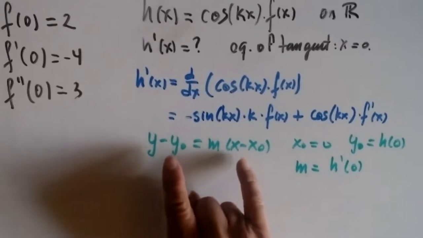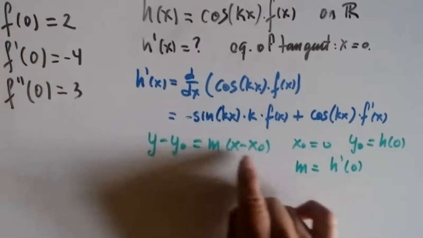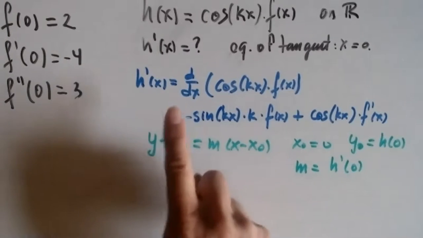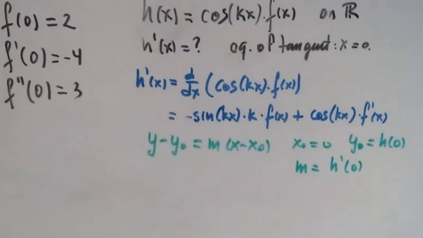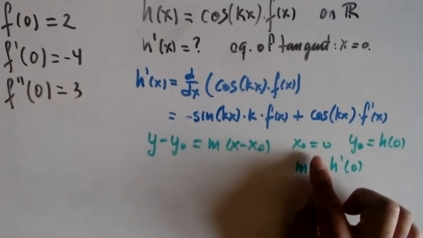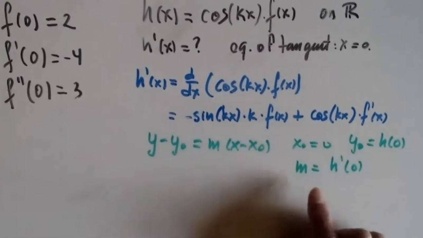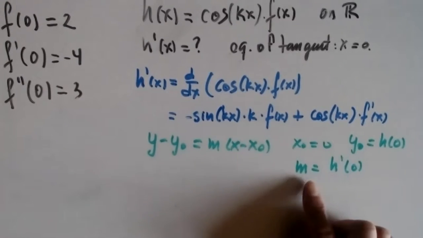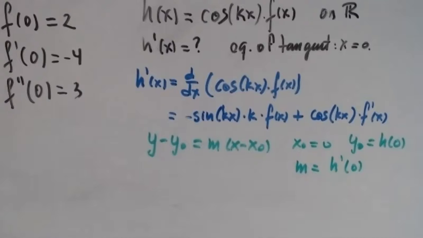So my algebra is always the same. What I have to do is identify what is here in my basic algebra with what I have here from my calculus. So I did it already. X0 is 0, Y0 is h of 0, and m is the slope of the tangent line at 0. That's given by h prime. Okay, well, let's do the things.